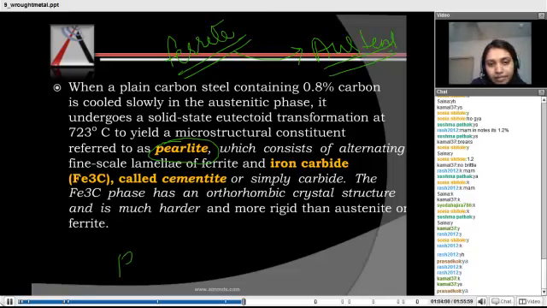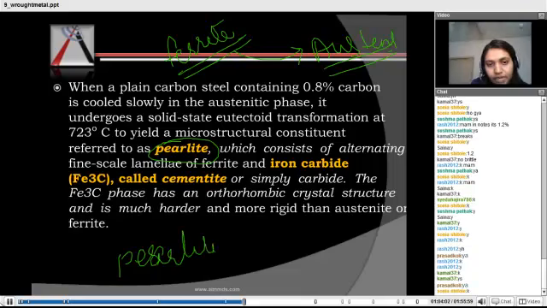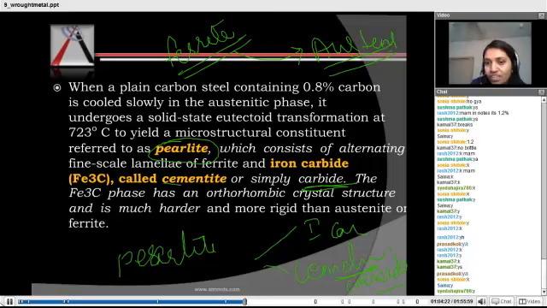So pearlite contains iron carbide and cementite alternating. Okay, this cementite is called as carbide. Remember carbide burrs? Why they have those hard edges is because of this cementite.